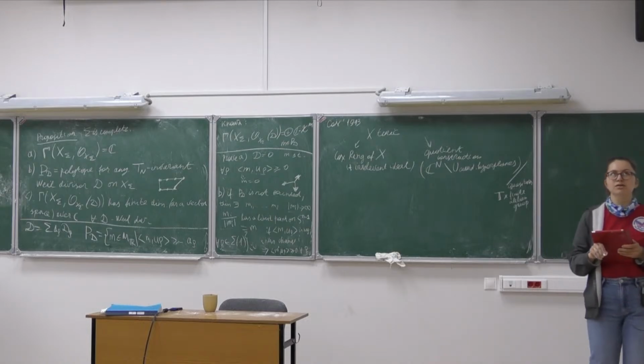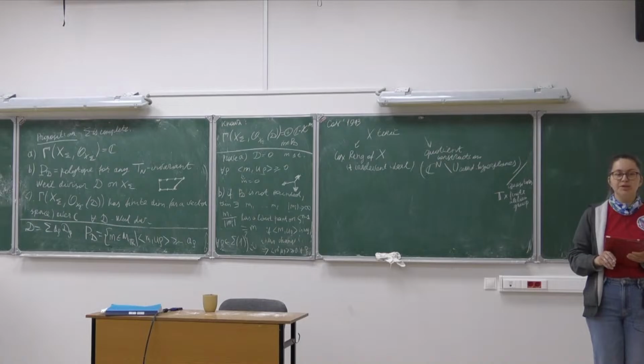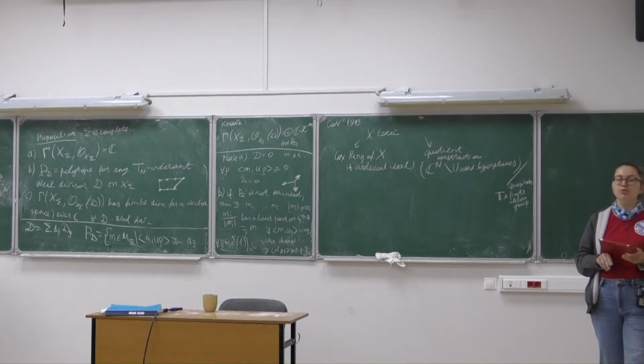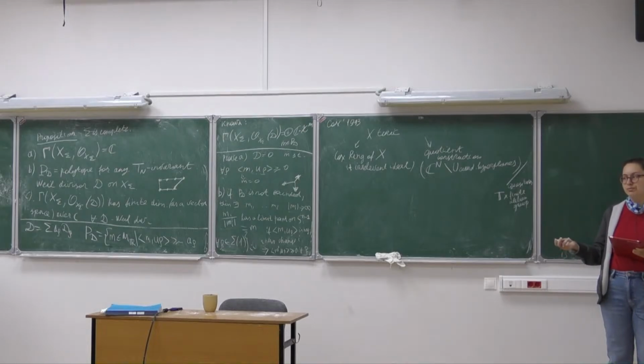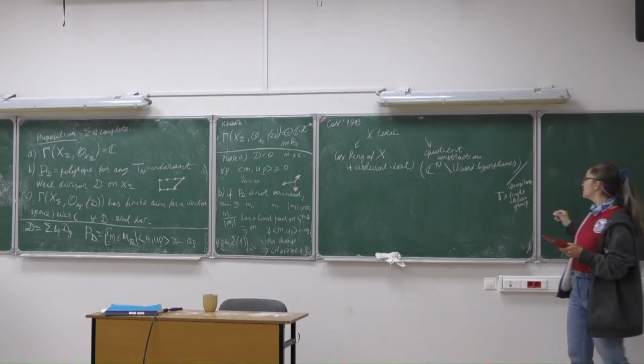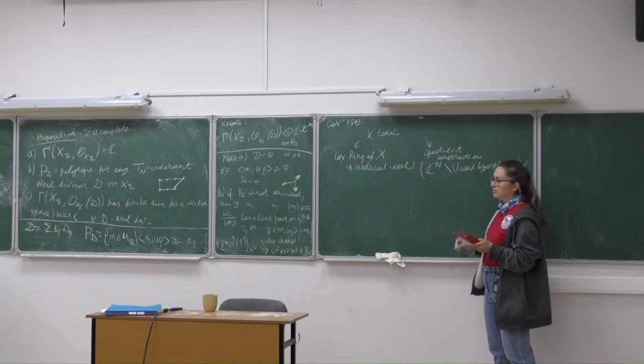So any abelian algebraic group can be expressed in this way. Its connected component is an algebraic torus, and also there is a finite group which expresses the group of connected components. I'm not going to prove this in detail, but I will write something to explain this.